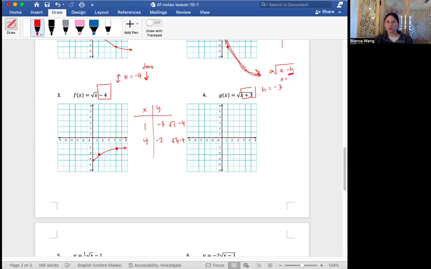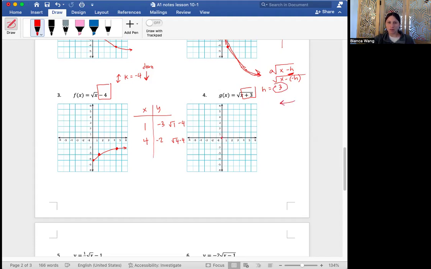And when it's x minus negative h, this becomes an x plus h. Does that make sense? So that means h is my horizontal change. It's moving left and right, and it's a negative 3, so I'm going to the left 3.